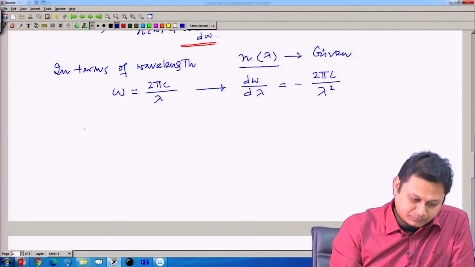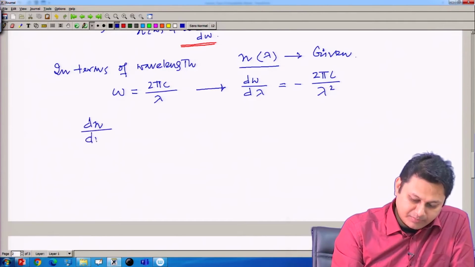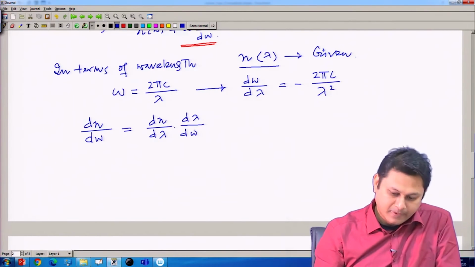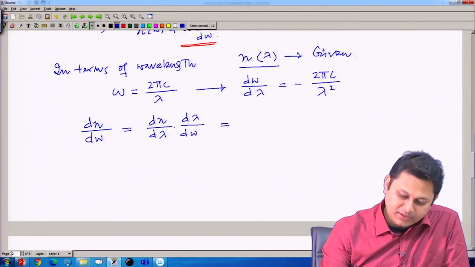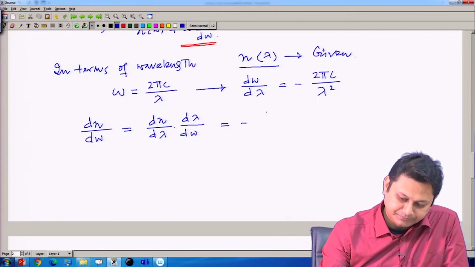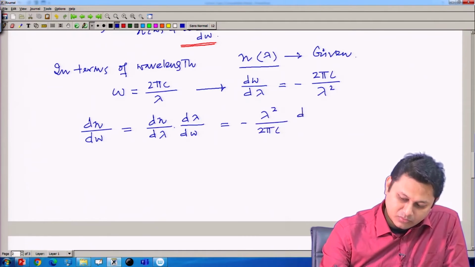Now, dn d omega I need to replace with dn d lambda, and using the chain rule I can write this. So, dn d omega is simply minus lambda square divided by 2 pi c into dn d lambda.